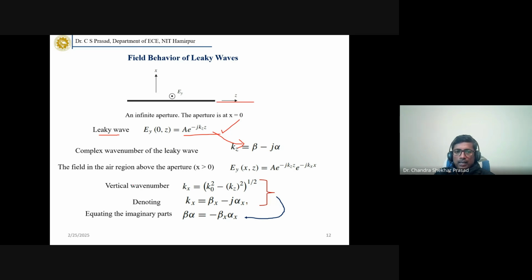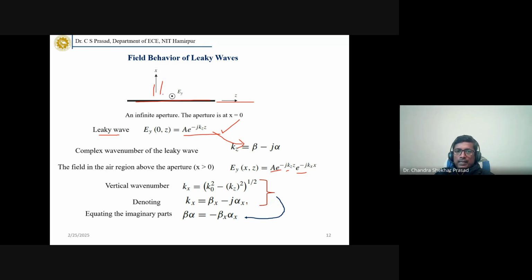Fine. So the field behavior in the air region above the aperture, this is the aperture, and the field behavior over this in the x direction, we can write the x component and the z component.